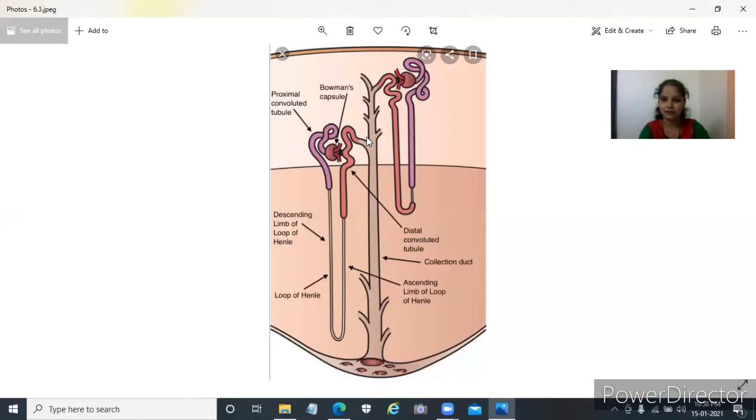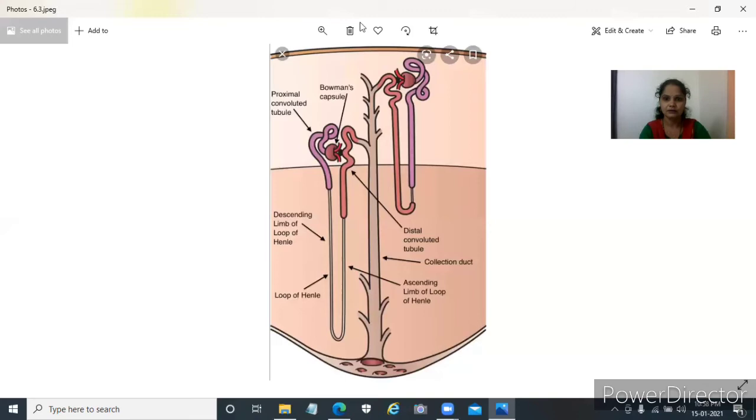This question is asked many times in the CET exam as well as the NEET exam, so our answer is the nephron.